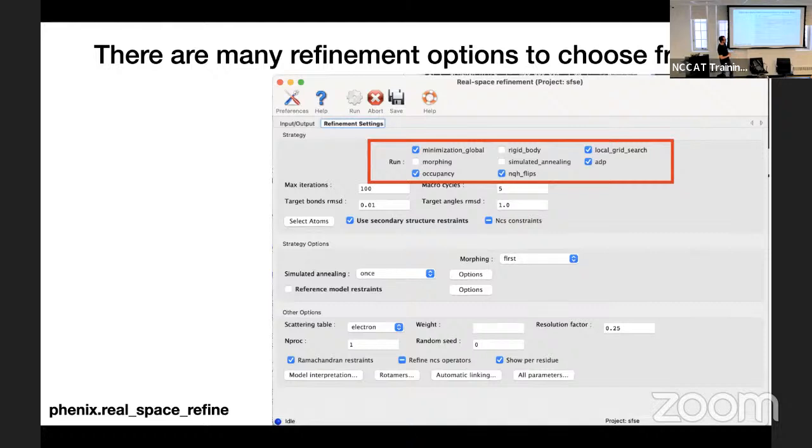But by default, usually there will be either 3 or 5 macro cycles of refinement done, and in each of those macro cycles, you'll almost always do gradient minimization and maybe B-factor refinement, and these more aggressive things might be done just in, I think usually, the second cycle.